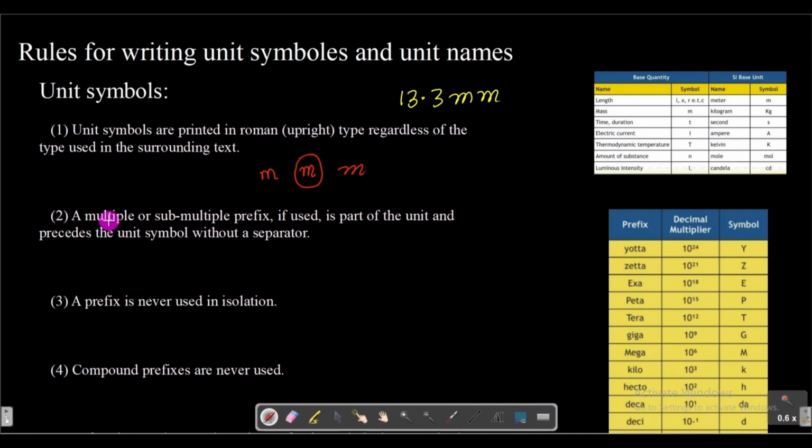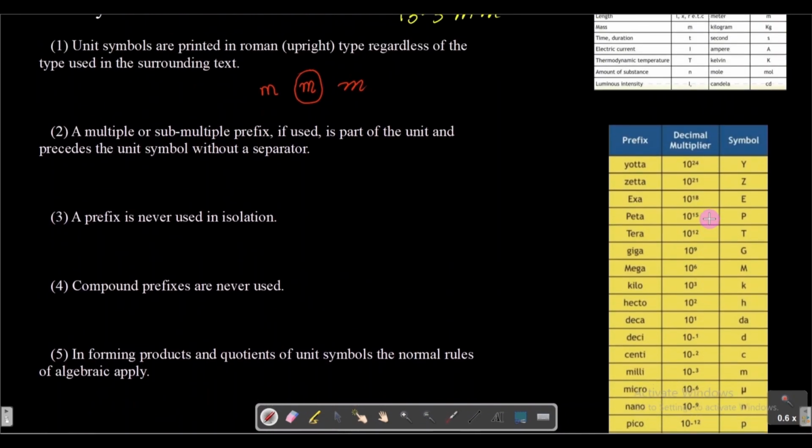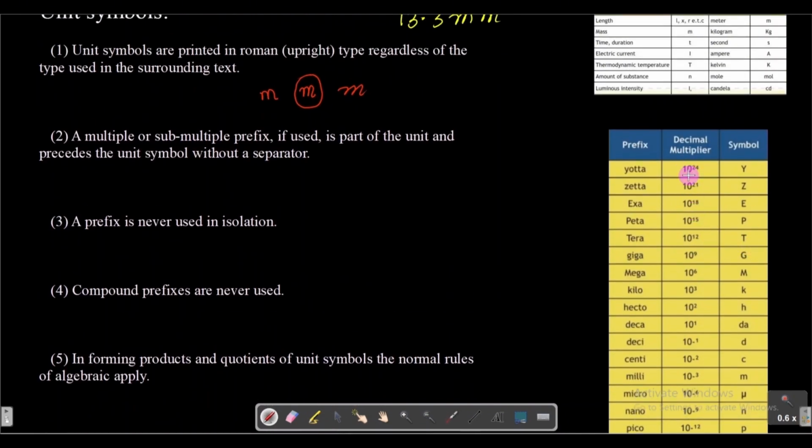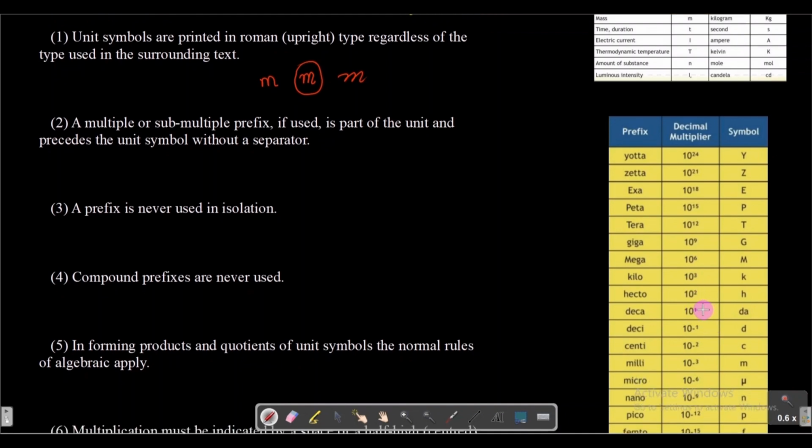Okay. The second rule here is about a multiple or submultiple prefix. Let's see what is meant by multiple and what is submultiple. Here in this table we have prefixes which are positive. These are the positive prefixes: 10 power 18, 10 power 15, 10 power 12, 10 power 9, and up to here 10 power 1.